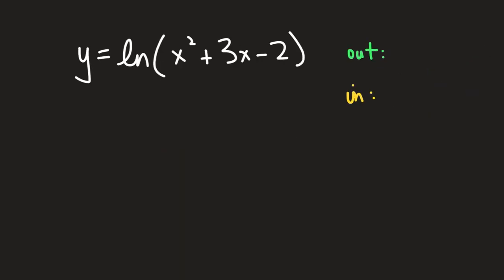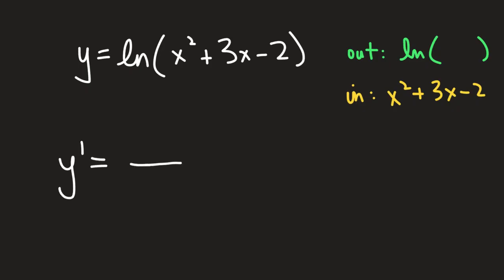Here we have another natural log practice. So the outer function is your natural log, and the inner function in this case is your quadratic x squared plus 3x minus 2. Okay, so we're going to use that shortcut that we just developed a second ago and take the derivative of your parentheses and then divide it by your parentheses.